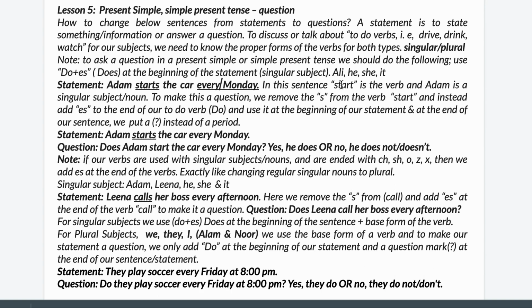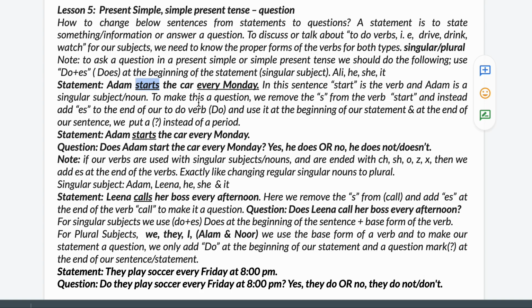So in this sentence, start is our verb. Why we say here starts? Because it's present tense. And why we use s after our verb? Because we are using a singular subject. And the sentence start is the verb, and Adam is singular subject or noun.